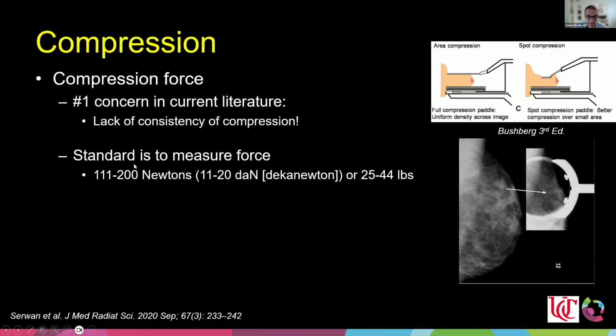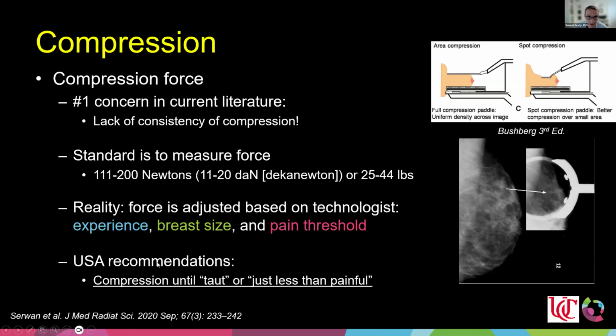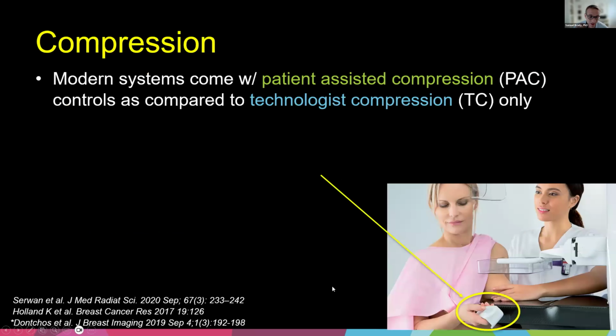That's the standard for imaging with force. In reality, most technologists adjust the compression based on their experience, the size of the breast, and the pain threshold of our patients. In the US, our recommendation is to compress until taut or tight and just less than painful, which is not very scientific. And that is why we see a lot of variability in our compression.